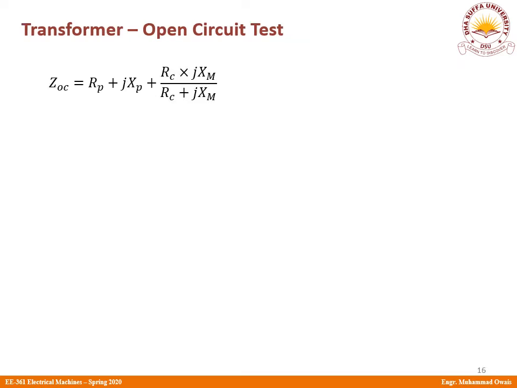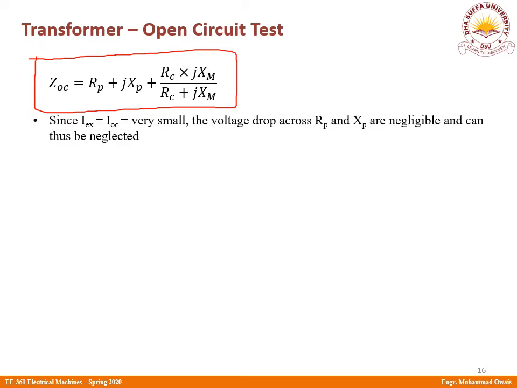Okay, students, now let's find out the total impedance in the circuit. हमने ये पीछे भी discuss किया था, if you remember. This is my total impedance in the circuit. But the point is that the voltage drop across these resistances is essentially zero, which means that we can ignore them since the excitation current is very small.